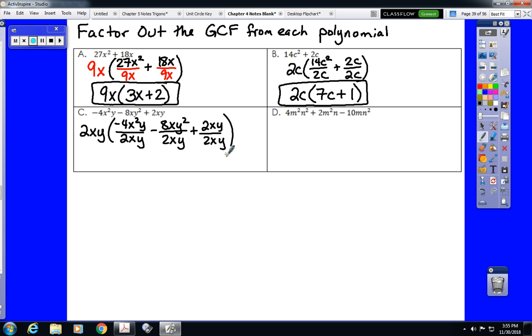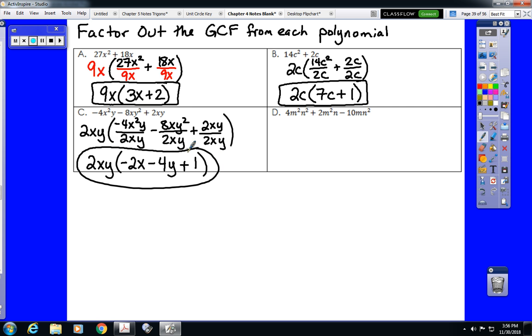So that will give us 2xy times the quantity. This here divides to be negative 2x, because the y's would cancel each other out, minus 8 divided by 2 is 4, the x's cancel, y squared divided by y is y, so 4y, plus 1, because these are the same, so they would cancel and leave a 1.